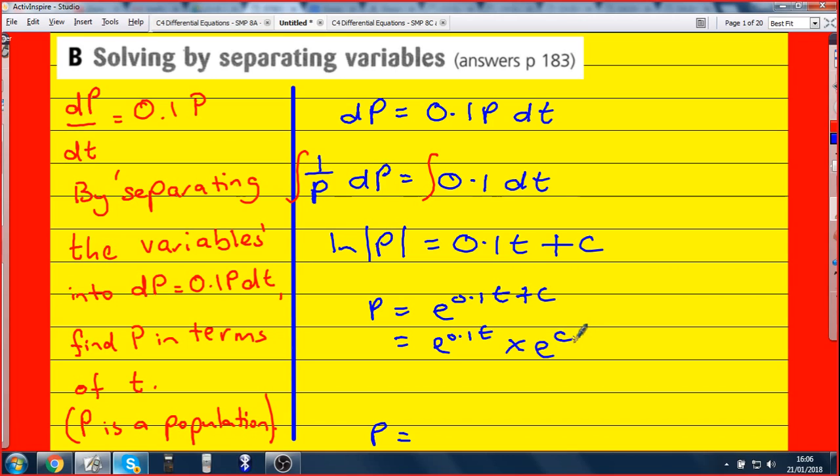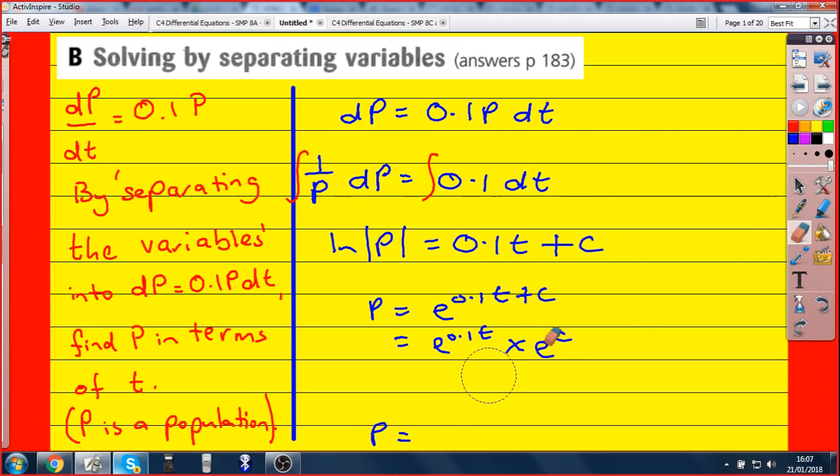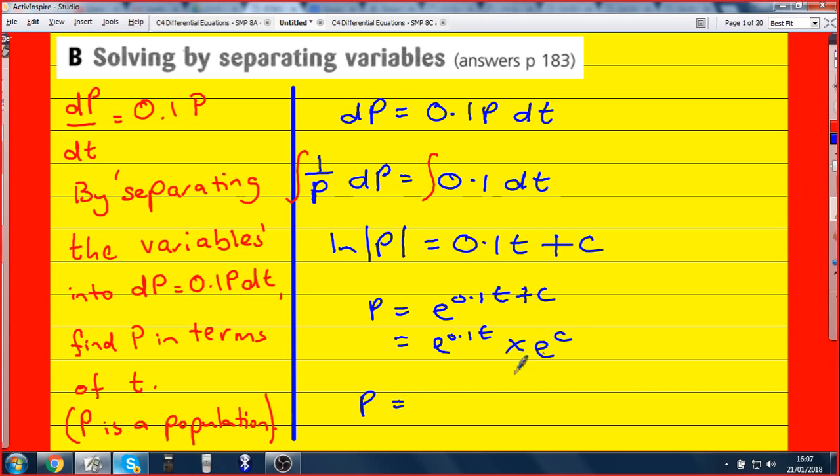We could just call that c, because that's just a number. But for the sake of clarity, they give it a different name, and they usually call it a capital A. And because it's a number, it goes in front. So they just say A, and then e^0.1t. And if you have two things added, you can just separate them out.